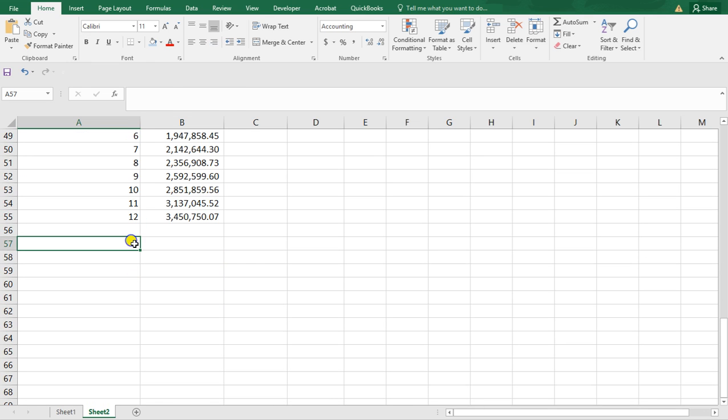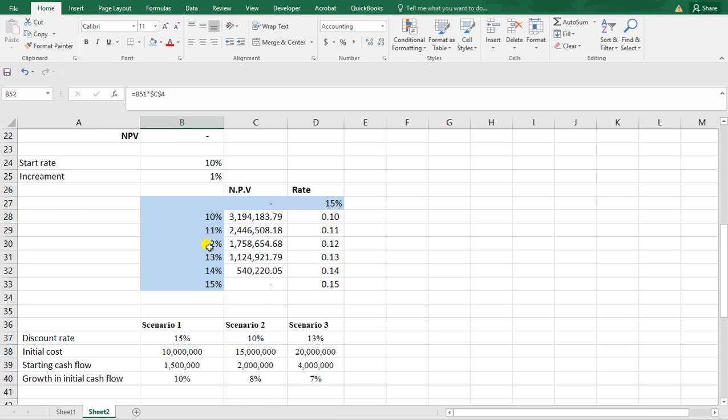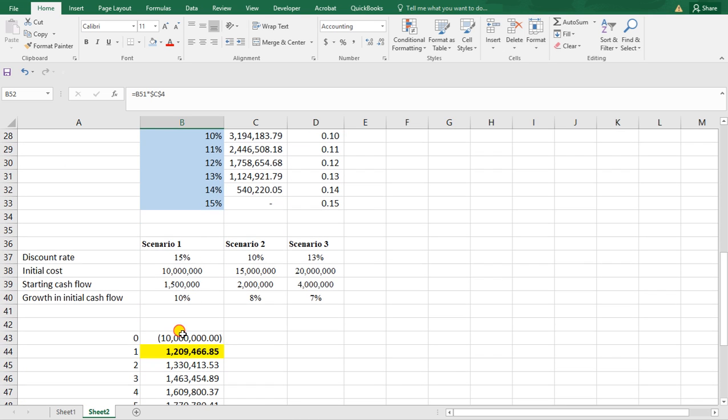So let us work it out. Let us start working it out. The first component here, my initial outlay, basically will be the 10 million, which you have there, right?